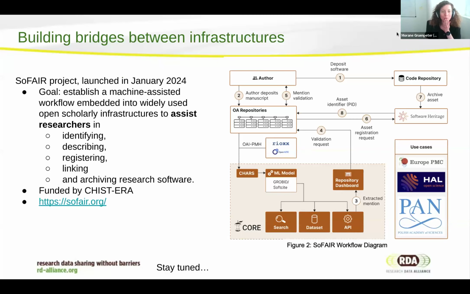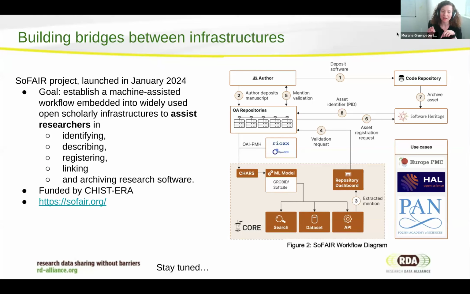Two last slides, the first about an upcoming project called SOFAIR, which was launched in January, so it's in the middle of work about building bridges between infrastructures, establishing a machine-assisted workflow embedded into widely used open scholarly infrastructure, assisting researchers in identifying, describing, registering, linking, and archiving research software.